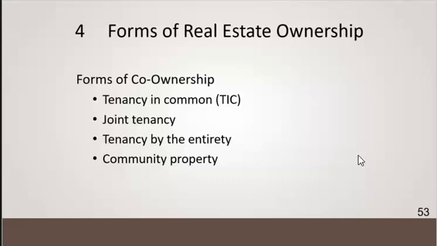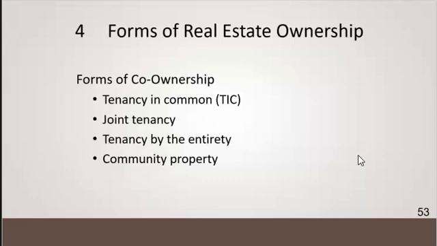You will hear it called TIC, T-I-C, tenants in common. I want you to think of a tenant in common like a pie. The reason I want you to think of tenants in common like a pie, I'll explain in just a second.